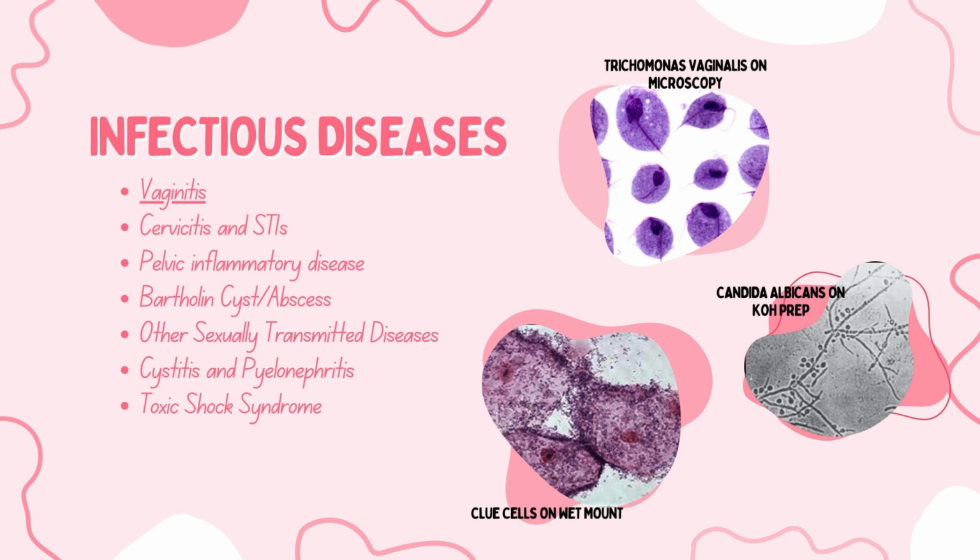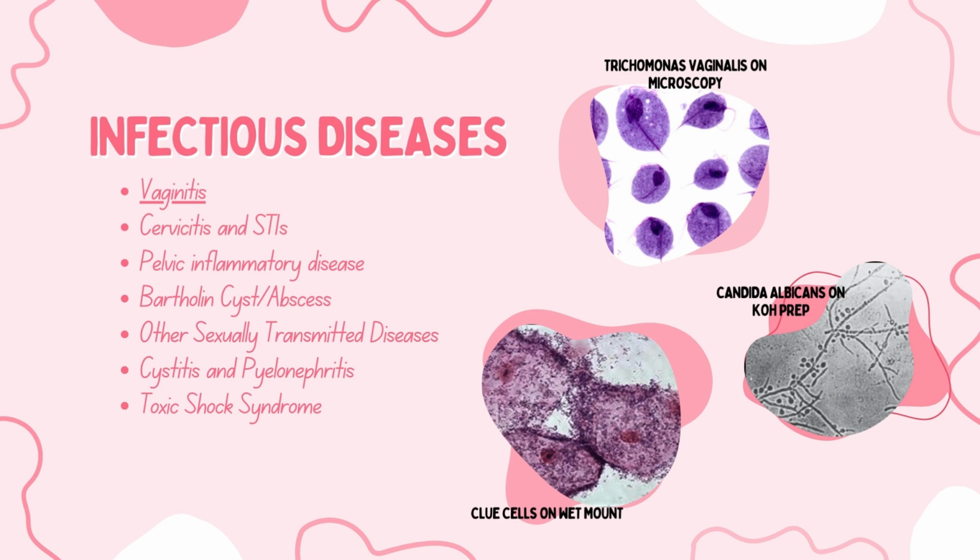So diabetes, HIV, and then also other risk factors include antibiotic use, pregnancy, corticosteroid use, that also fits with the immunocompromise, oral contraceptive use, increased frequency of intercourse, or tight-fitting, unbreathable clothing in a humid environment.